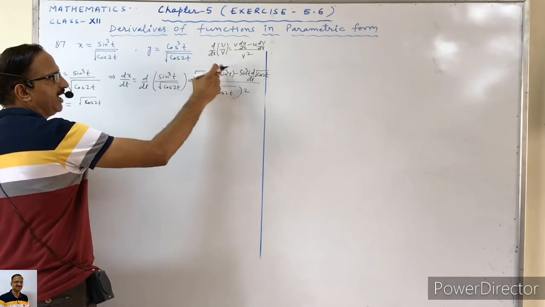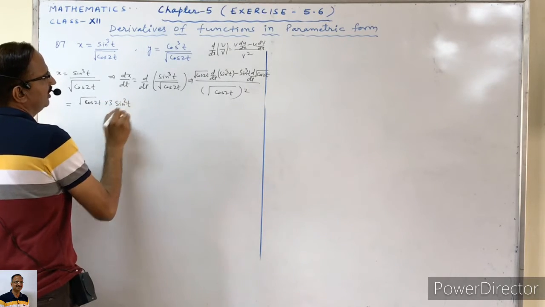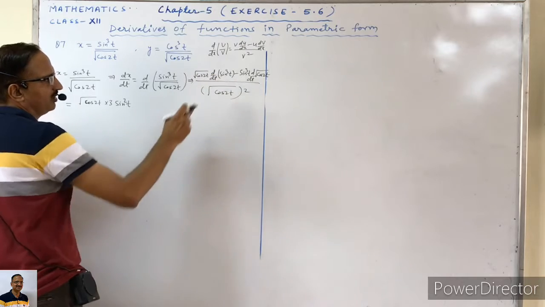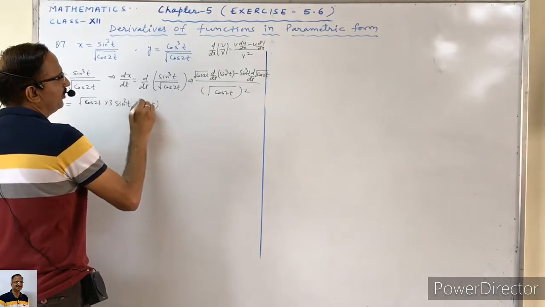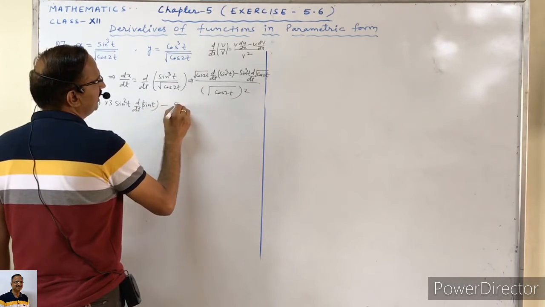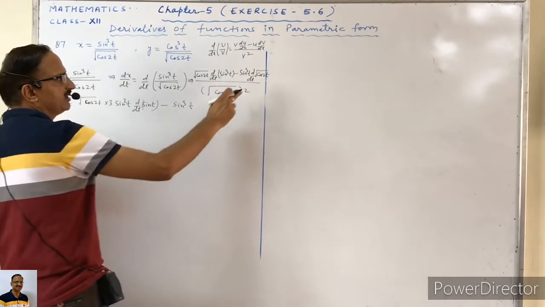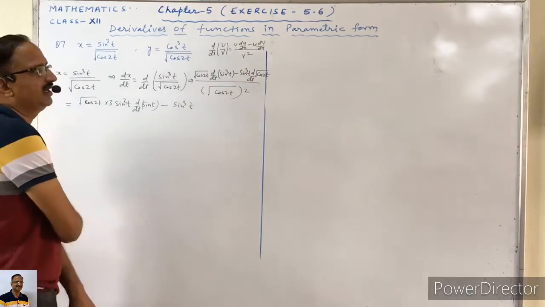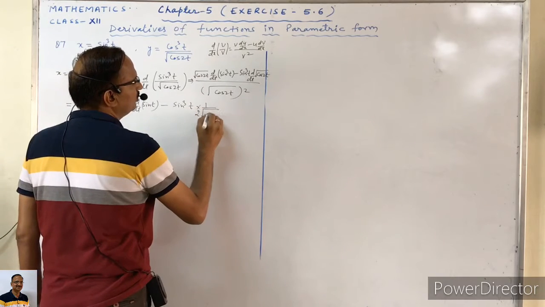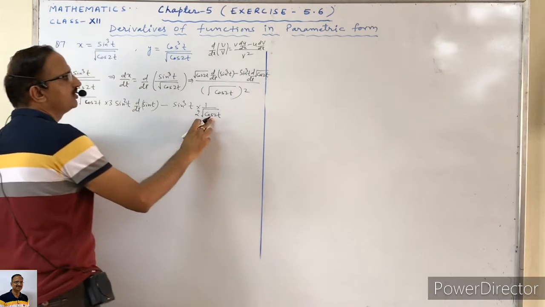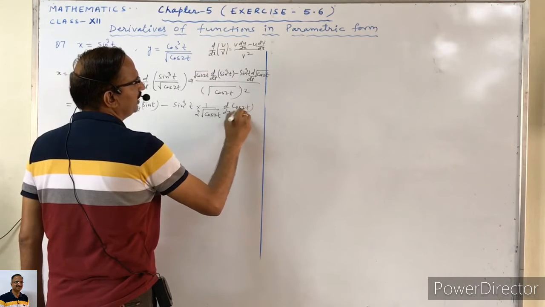The differentiation of x³ is 3x², but since this is not x or this is not t, we will write the derivative of this sin t in the product, minus this sin³t, derivative of root cos 2t. So we will consider this cos 2t as t. The derivative of root t is 1 by 2 root t, but since this is not t, we will write the derivative of this cos 2t in the product.